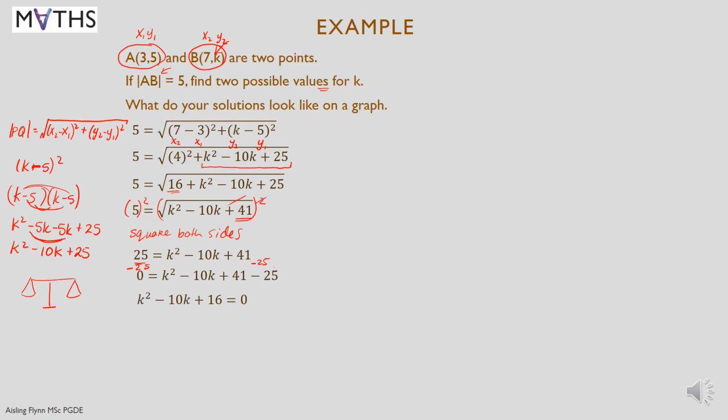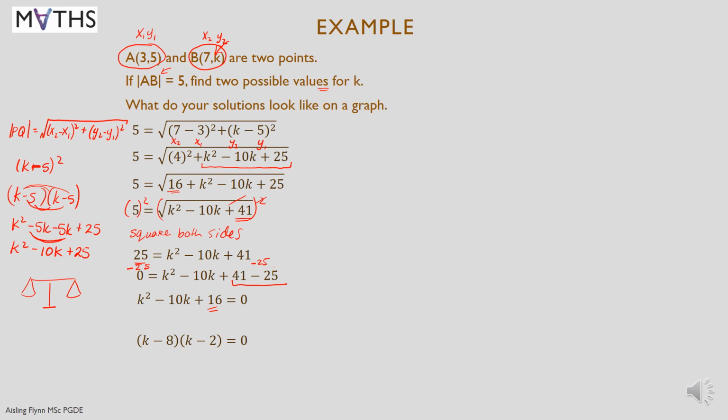Tidying that up, 41 minus 25 gives 16, and the three terms are equal to 0. So now we have a quadratic equation. How do we solve quadratic equations? Well, we have two choices. We can factorize, or we can use the minus b formula. It's your preference. I'm factorizing here.